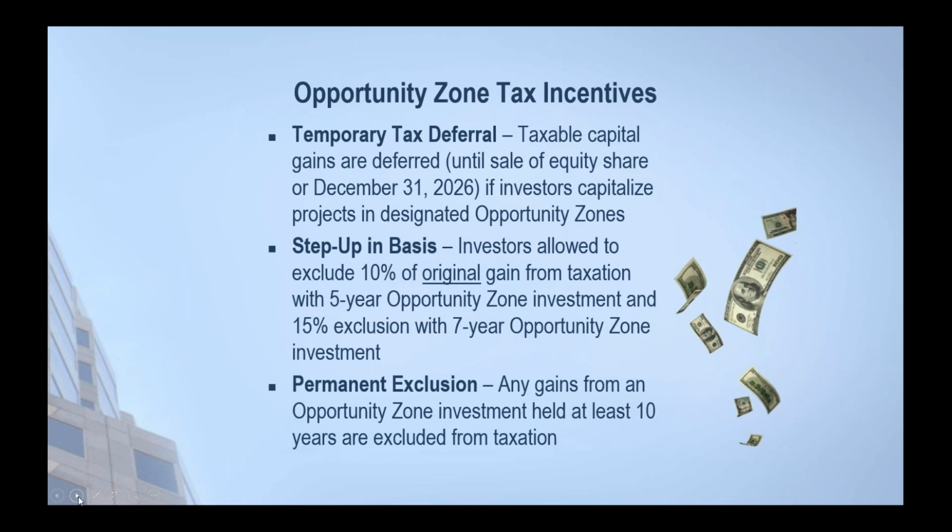If you hold it less than that, you pay those taxes when you sell that asset. So from whenever you put your money into an Opportunity Zone project until either you pull it out or December 31st, 2026, whatever comes first, you get to defer those taxes on the capital gains of that original investment. So that's benefit number one.